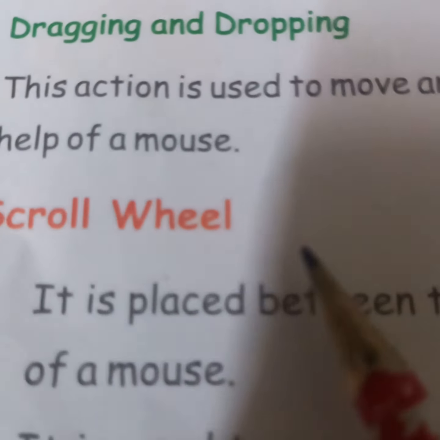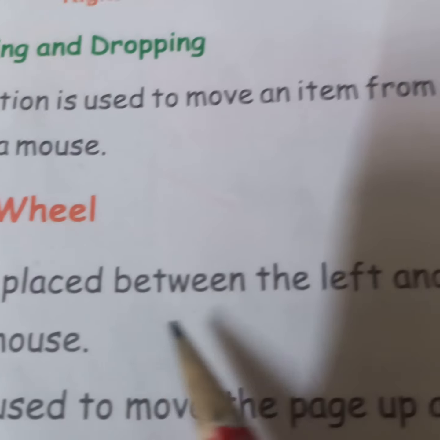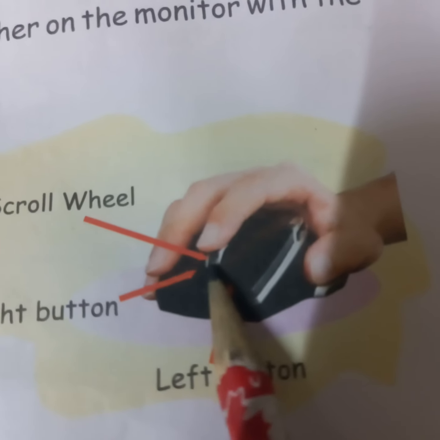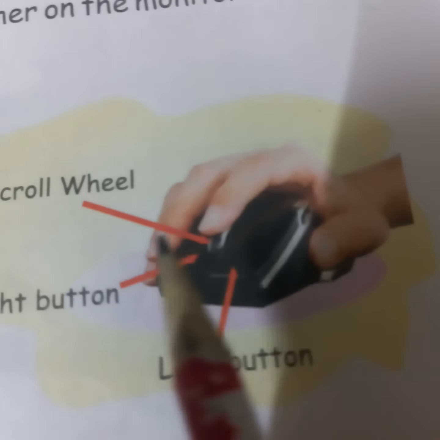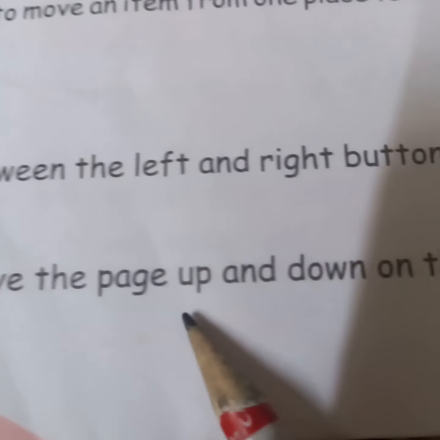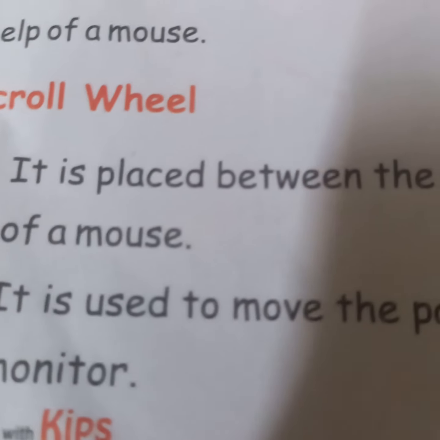Next is scroll wheel. It is placed between the left and right buttons. I have showed you scroll wheel is placed between the left and right button. It is used to move the page up and down on the monitor. Why do we use scroll wheel? To move the page up and down, right?